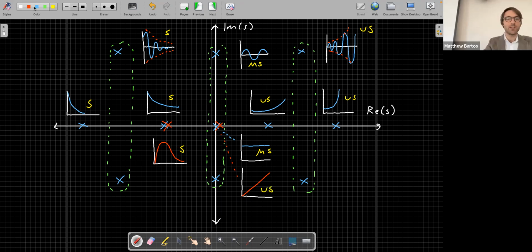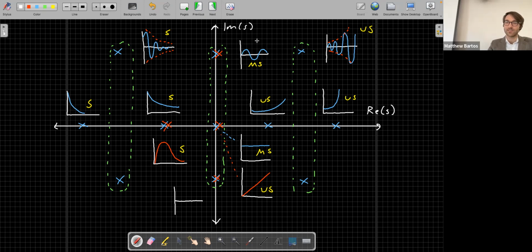What if we have repeated roots that are conjugate pairs? What will the response look like there? Just reasoning by analogy here. In the case of repeated roots at the origin, this constant turned into a linear line, right?